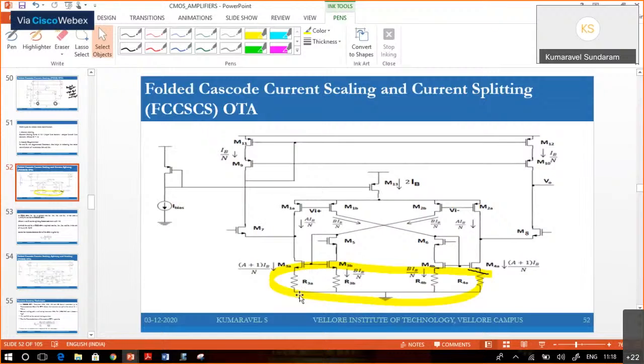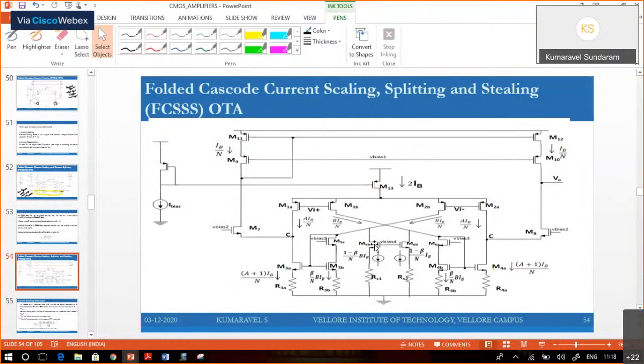To minimize that, we are going for a source degeneration resistor. The source degeneration resistor is used to minimize noise contribution. For whichever transistor you apply source degeneration, it will reduce the noise contribution of that transistor.